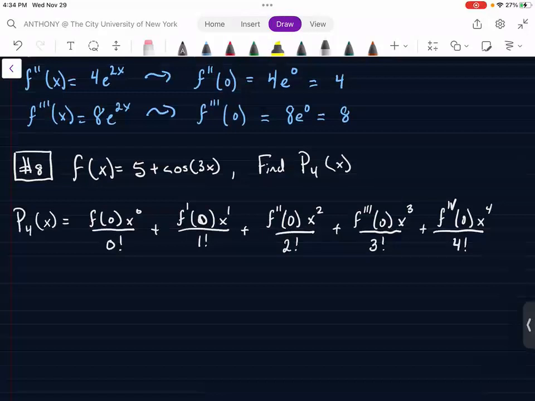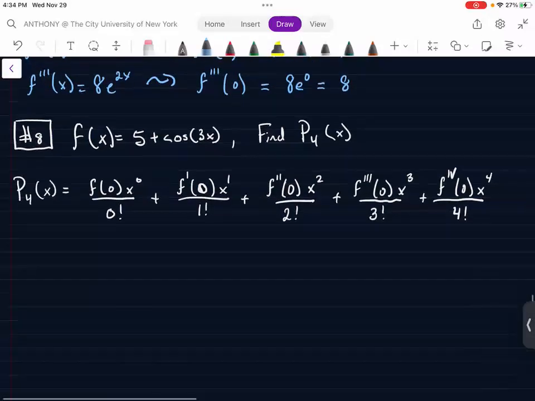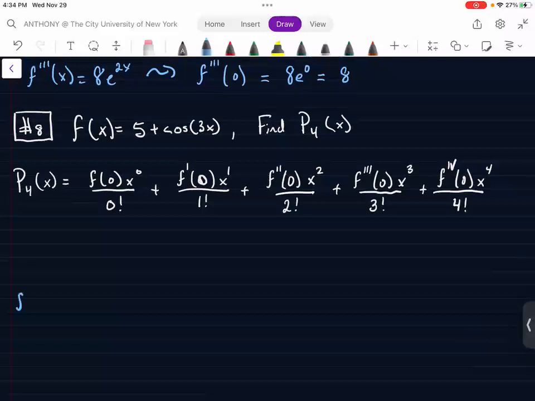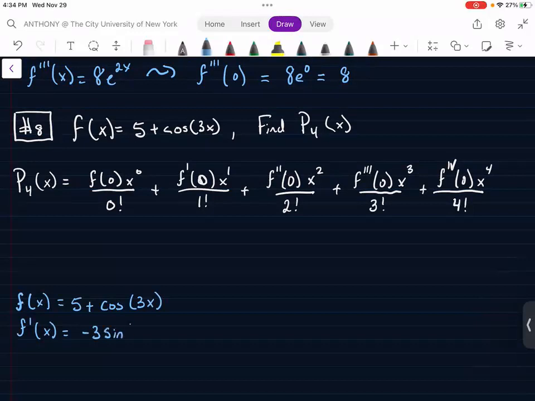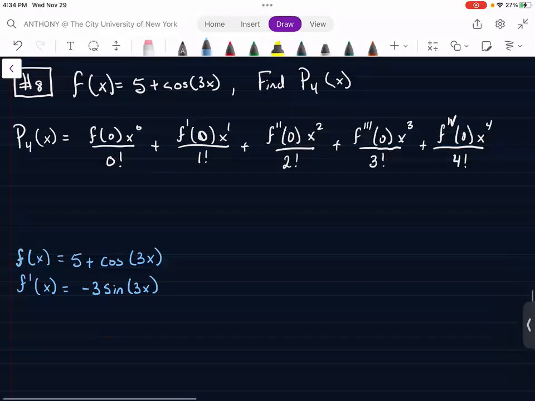So now I write down the stuff underneath, right? We have f of x is 5 plus cosine of 3x. F prime of x, let's see, your chain rule, right? Derivative of 5 is 0, but by the chain rule, derivative of cosine 3x is negative 3 sine 3x. F double prime of x, that's right, negative 9 cos 3x.